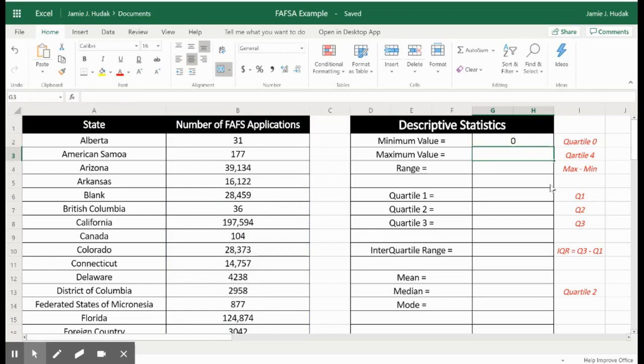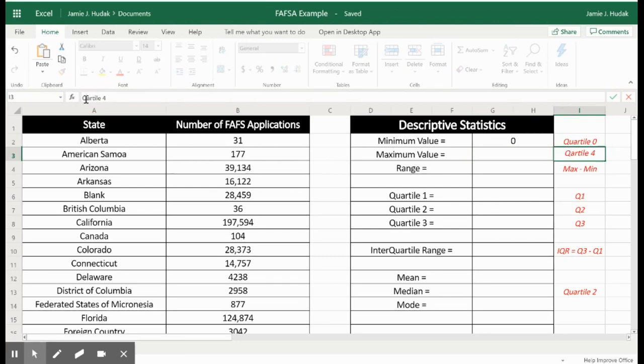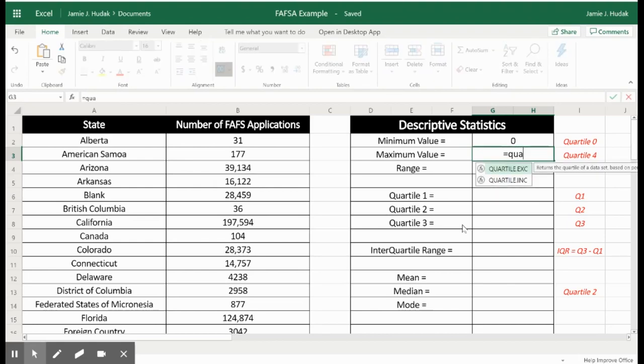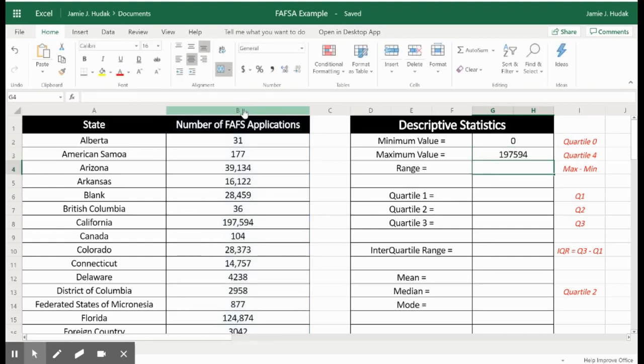Now for the maximum value, we're going to do quartile 4. Okay, and it's going to be equal to quartile, parenthesis, click on the column with all of our data, comma, quartile 4 is the maximum in the data, and we get 197,594.